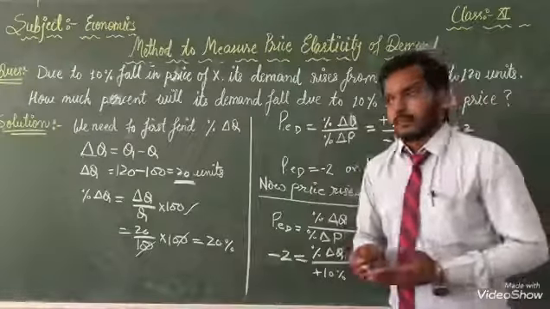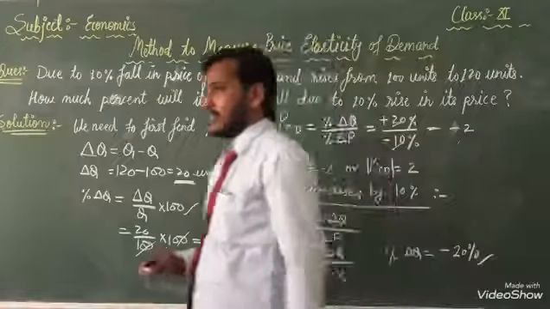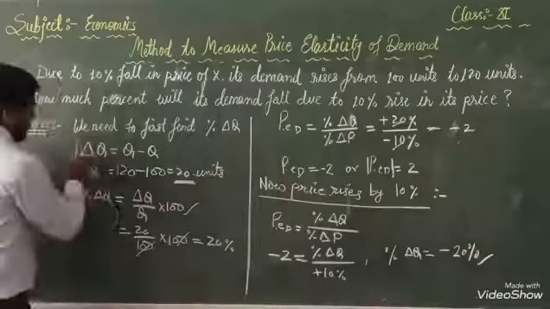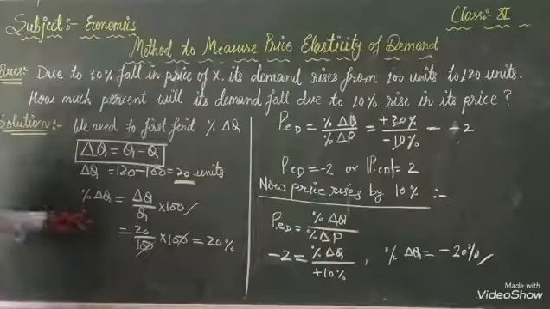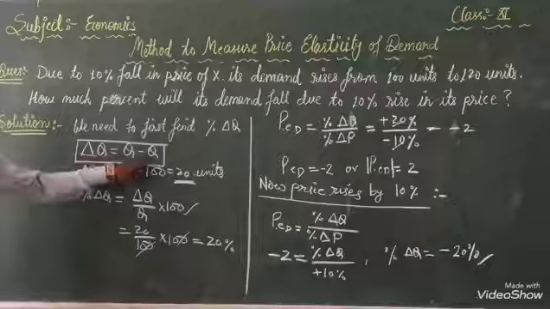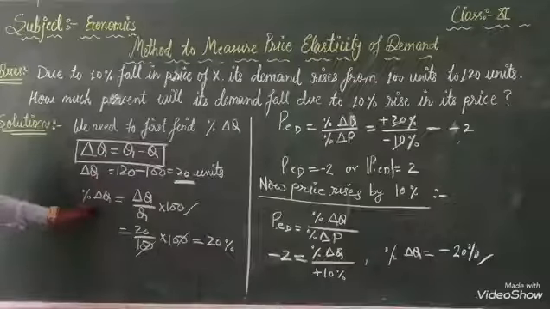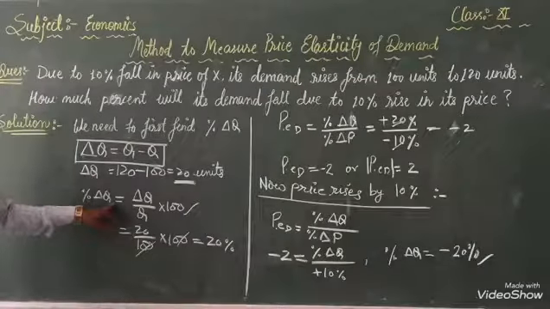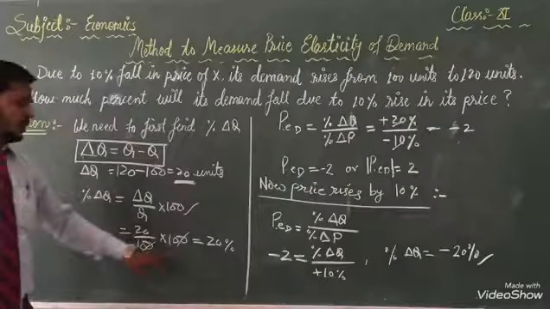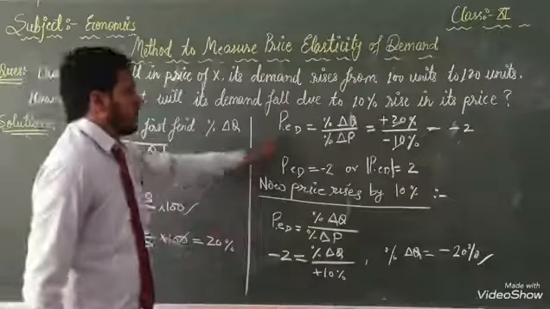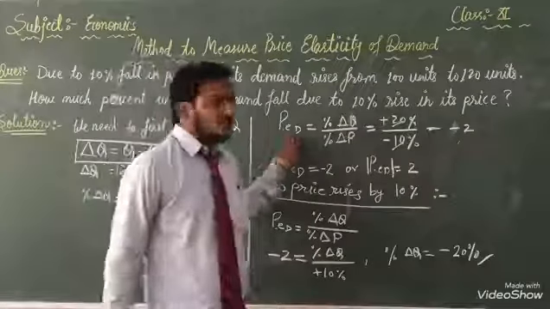So once again, listen, with the help of this formula we can solve the question. First we will take the difference. After that we have to calculate change in quantity, change in percentage of quantity. With the help of that we can calculate 20%. Now price elasticity demand we will calculate.